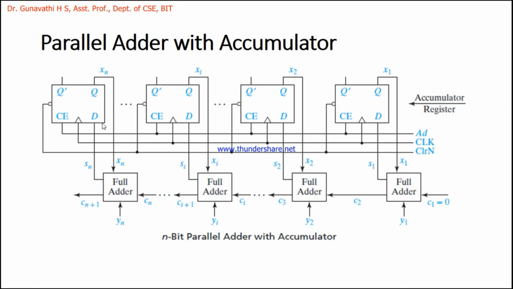Is this clear? You should know the working of the clock enable. Only when I provide a high input, it enables. For clear, only when I provide 0 input, it will reset the register. Otherwise, it will just store whatever value we have.